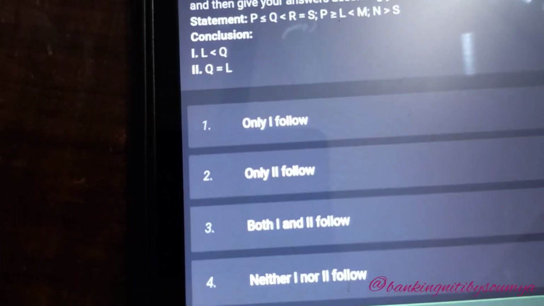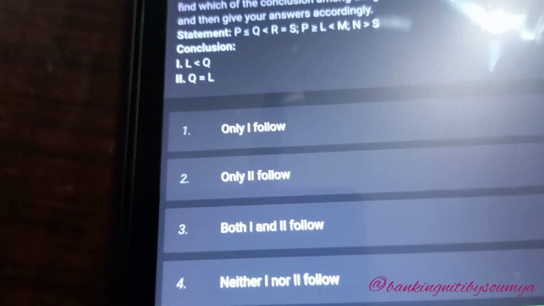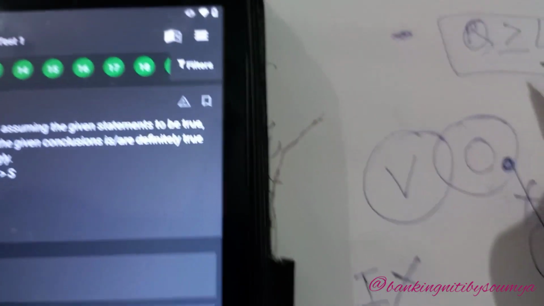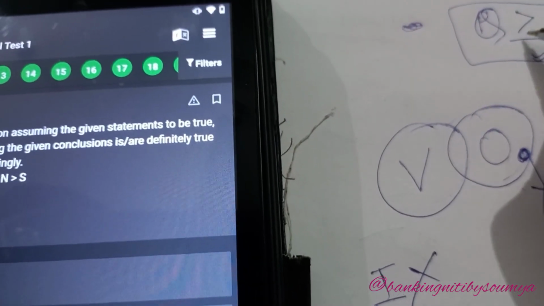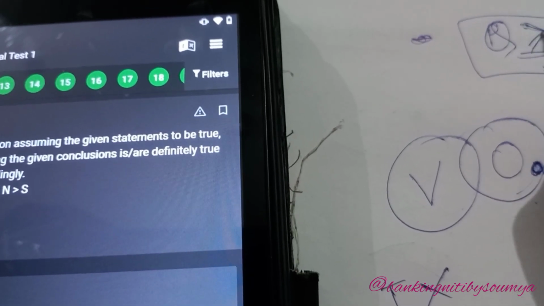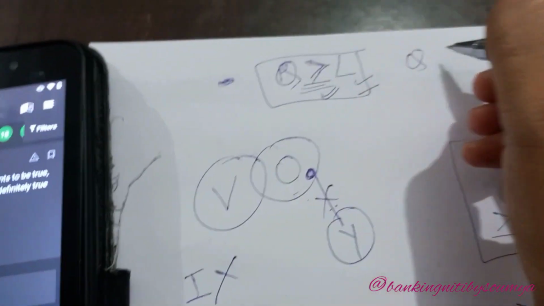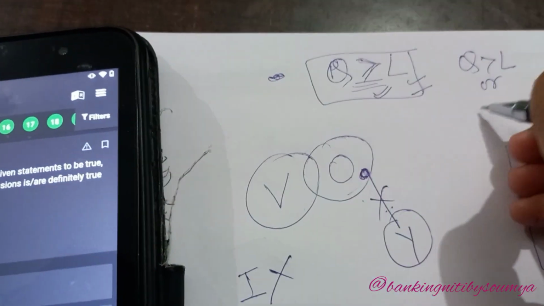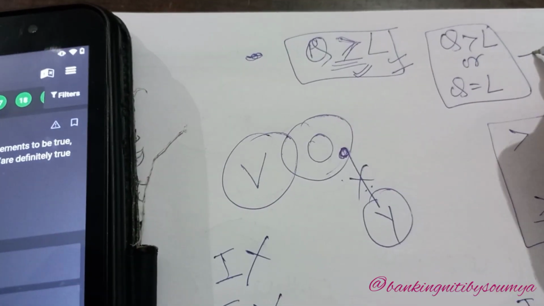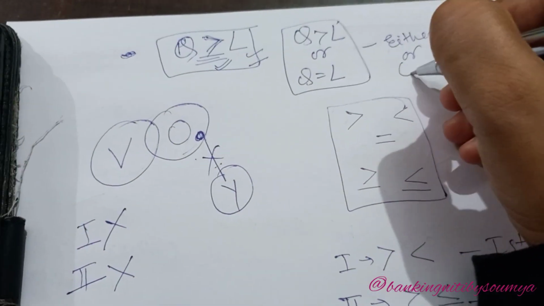Now the second conclusion is also wrong because it is given that Q is equal to L, but both signs are greater than or equal to. If Q is greater than or equal to L, then either Q is greater than L or Q is equal to L. In this type of question the either-or case will follow.